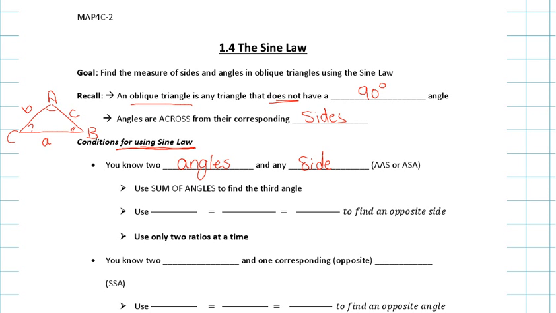So when you have two angles and one side, to find the third angle, you do 180 minus the other two.